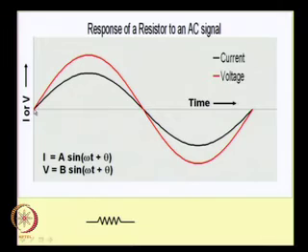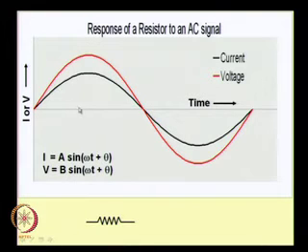So if you look at a typical AC signal, which shows a sinusoidal variation here, we will say that the red curve is the voltage and the black one is the current. For a resistor, both the voltage and the current are exactly in phase, meaning that when current is at 0, voltage is also at 0.